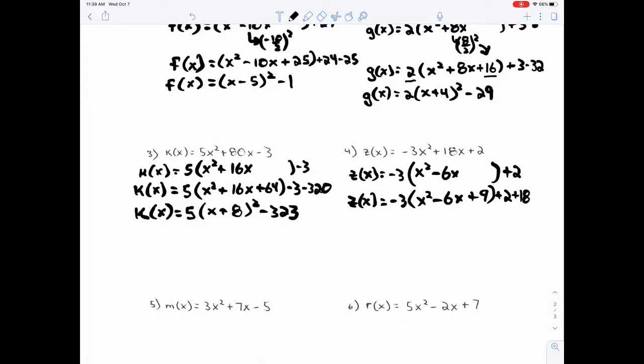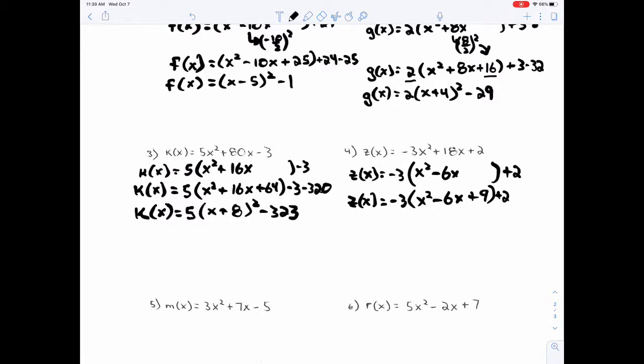But here, the -3 outside the parentheses is negative. So when I wrote plus 9, whoa, am I really bad in math or what's the deal here? Yes, your teacher is bad in math. Okay, when I wrote -3, I subtracted 27, not 18. I apologize.